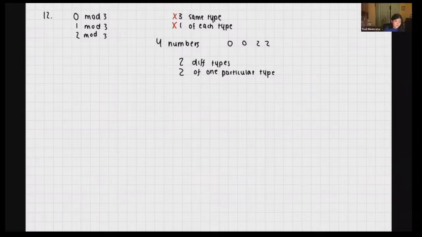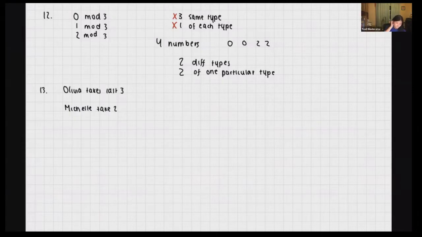Okay, so for number 13 then, we kind of want to work backwards here. So we know that Olivia takes the last 3. Right, and Michelle takes half of the remaining and 2 more after that. So Michelle first takes 2, and then she takes half of the remaining candies.